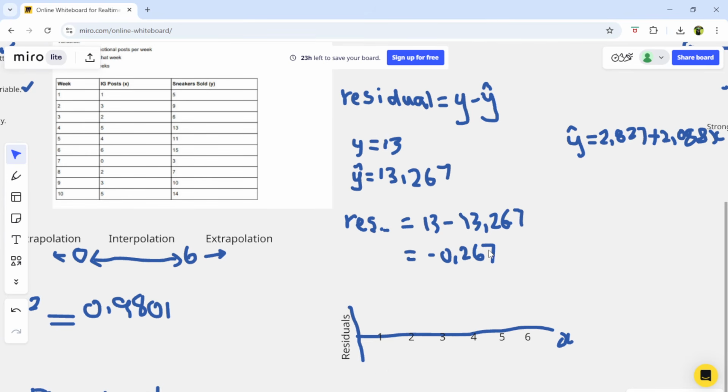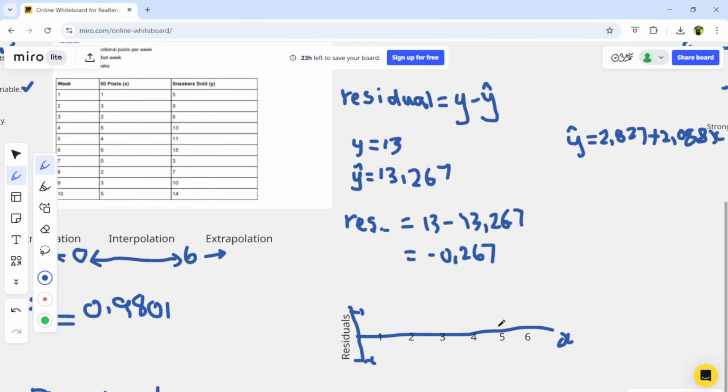The residual that we have was minus 0.267. So if this is 1, let me write 1 here, minus 1 here, and positive 1 here. So this one is going to be between what was the value of x?